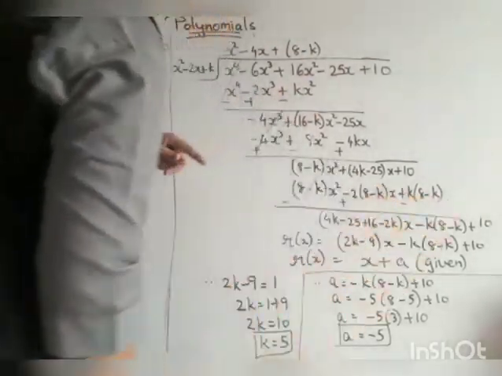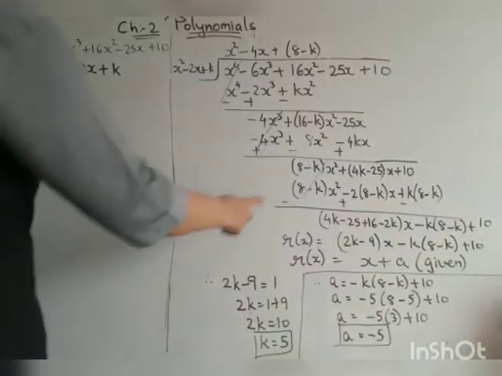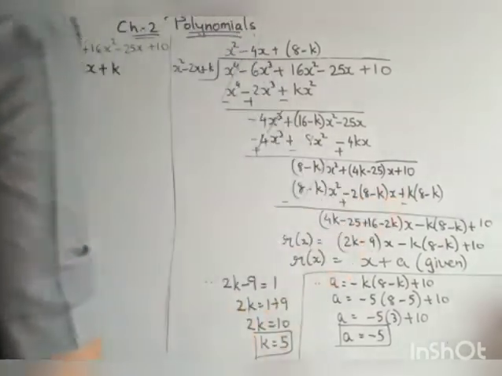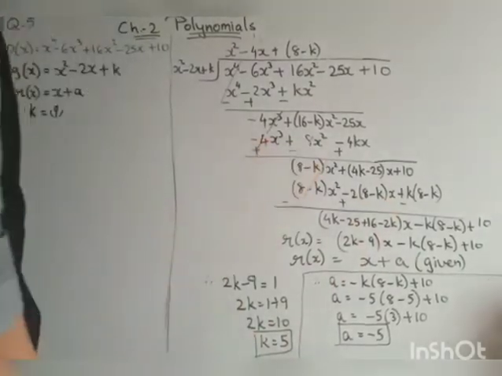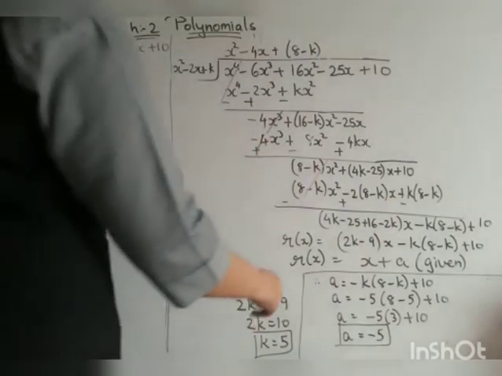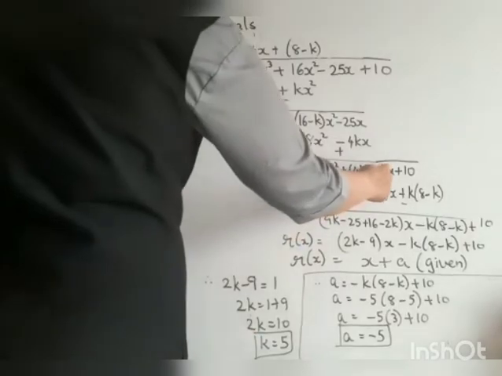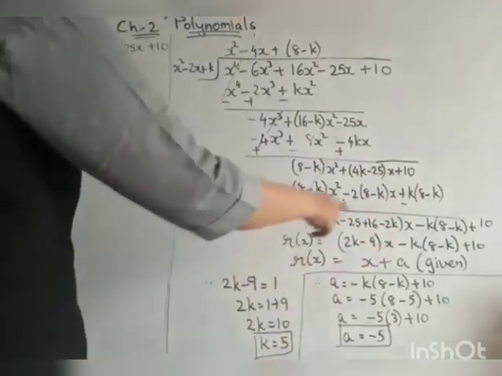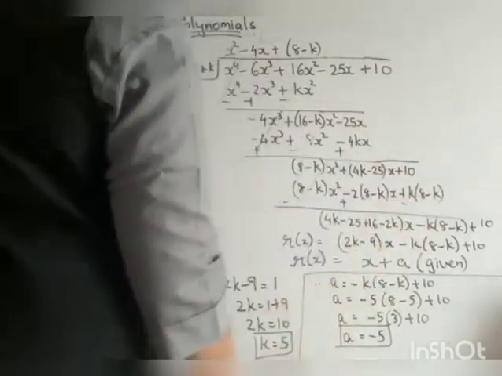Now sign change. Plus becomes minus, minus becomes plus, plus becomes minus. This one will be cut down. Now children, here you can see that 4k minus 25 plus 16 minus 2k, x, minus k into bracket 8 minus k, bring down plus 10.